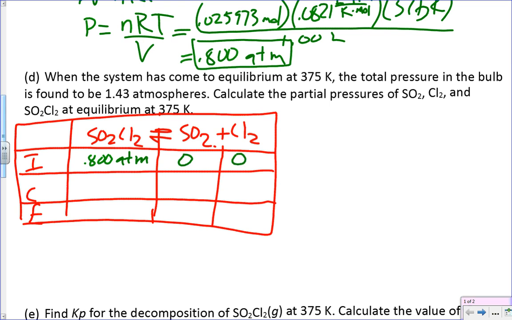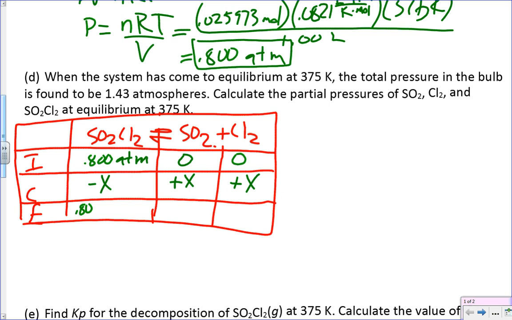Now next, to get C for this, we look at, well, how is this going to change? Well, it's a 1-to-1-to-1 stoichiometry, and we have all reactants, so we know our reactant pressure is going to go down, so it's going to be minus. We just don't know how much exactly it's going to go down, so we're going to call that minus X. But because of the 1-to-1-to-1 stoichiometry, we know our products are both going to be plus X, which means I plus C gives us our equilibrium condition.